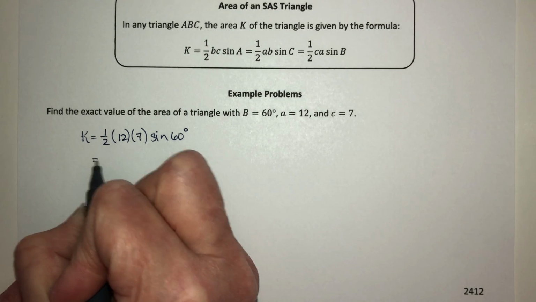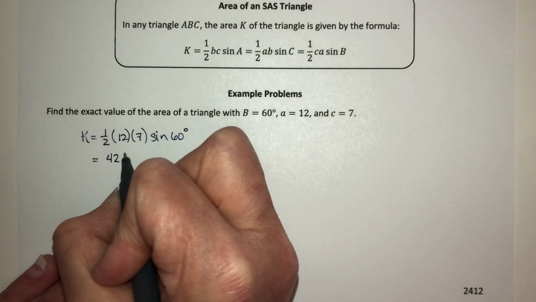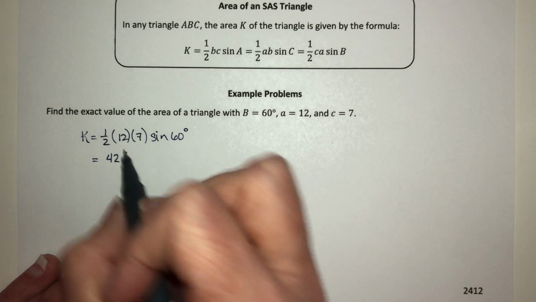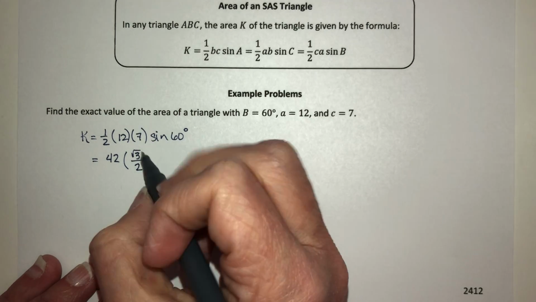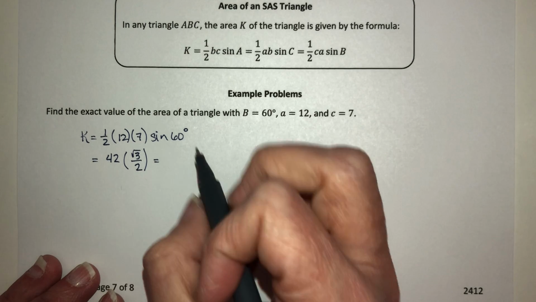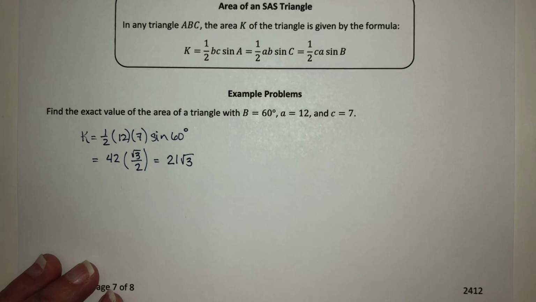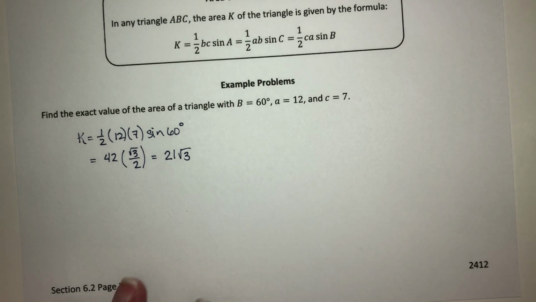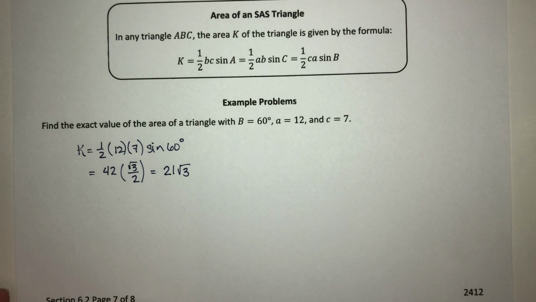Okay, so what do I have here? That's 6 times 7, which is 42, times sine of 60 degrees, which is square root 3 over 2. So multiplying that together, you get 21 square roots of 3. And that will be the precise area of that triangle.